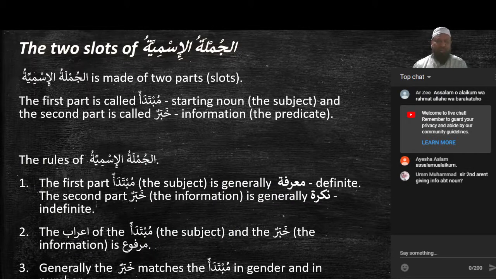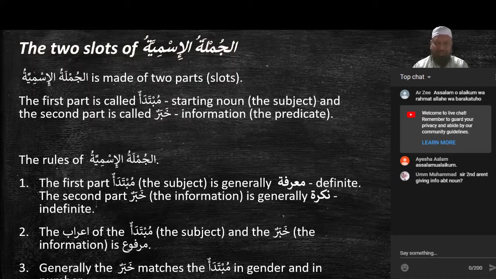Jumlatul Ismiyatu. The two slots of Jumla Ismiya. Al-Jumlatul Ismiya is made of two parts. That's it. So we just need two parts to make a Jumla Ismiya in Arabic. The first part is called Mubtada'un, which is starting noun or the subject.